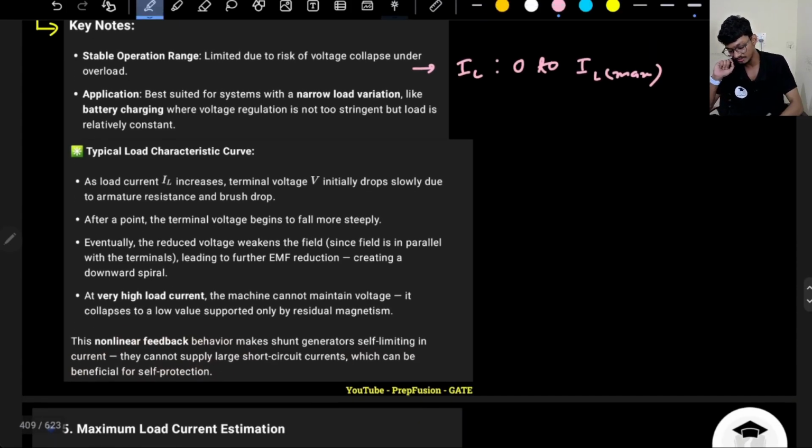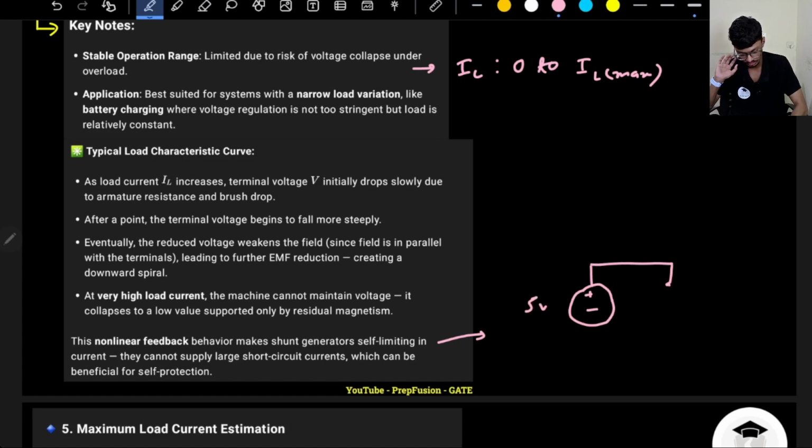So let's say for some reason you short circuit. Suppose it was a constant voltage source, say 5 volts, supplying a resistance of 5 ohms, and the maximum current this voltage source can support is 5 amperes.